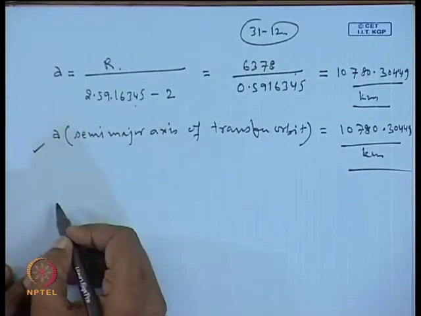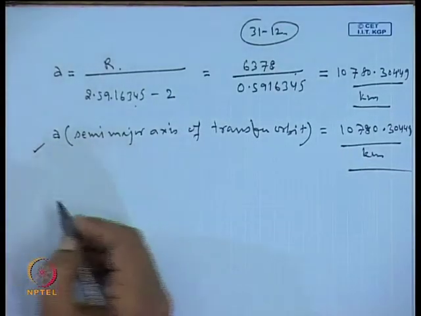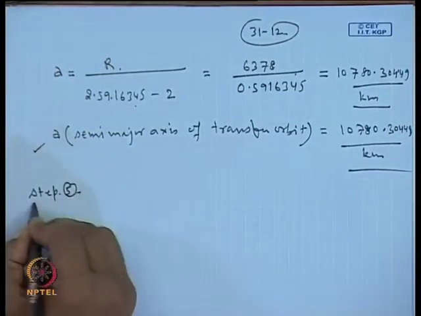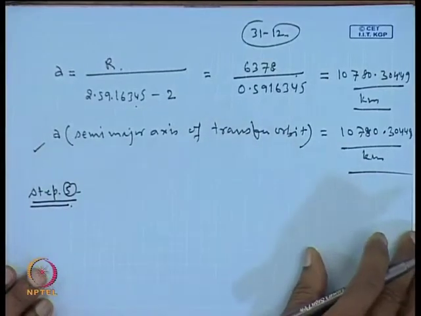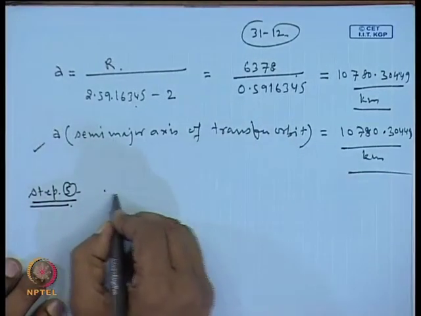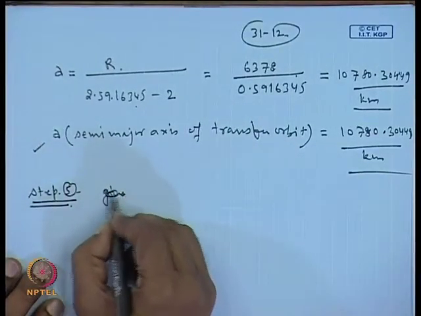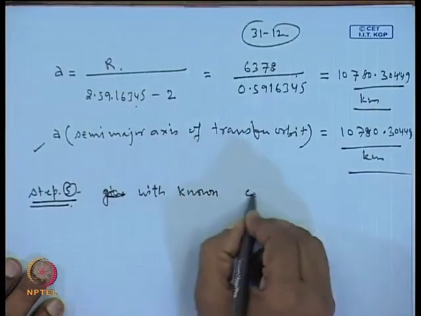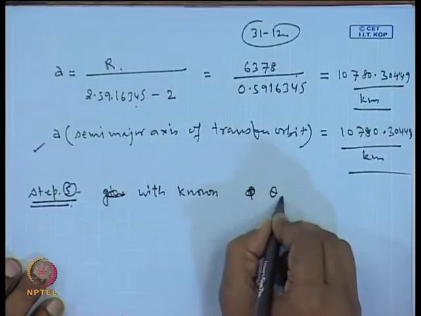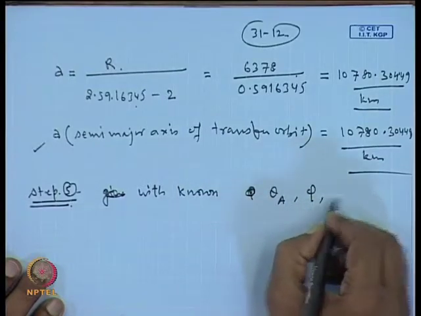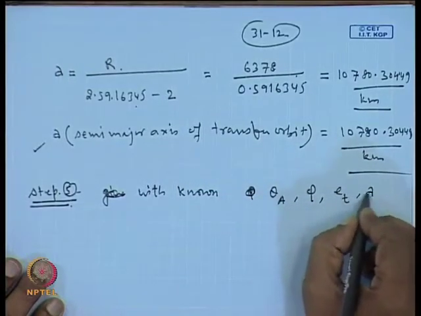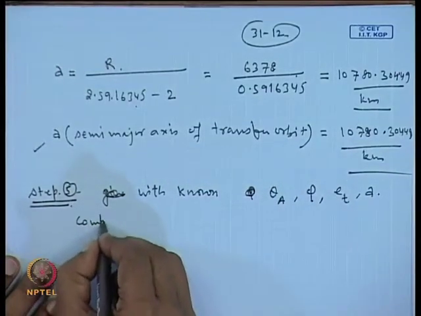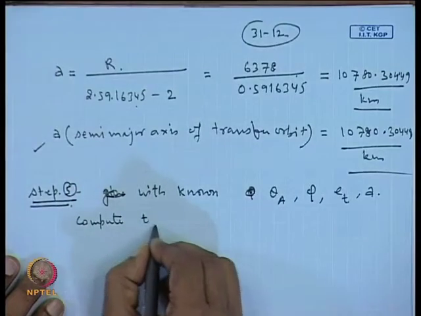Okay, once we have done for A, the next step is step 5. Given or with known theta A, phi, E_t, A, compute T_AC.